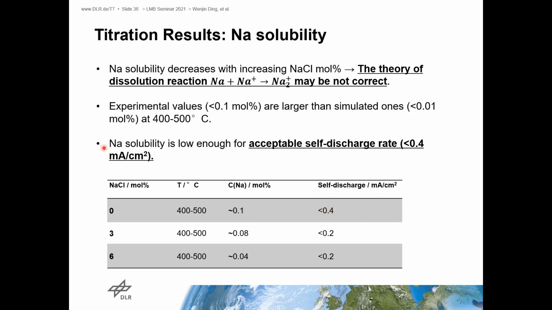And then we can have such conclusions. For the selected molten salt electrolyte, the sodium solubility is low enough for an acceptable self-discharge rate. So we can use this molten salt electrolyte for the battery test.